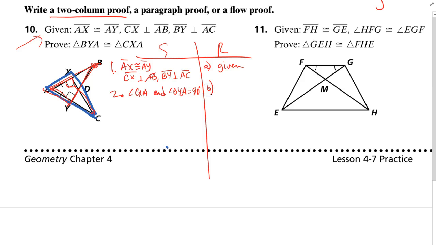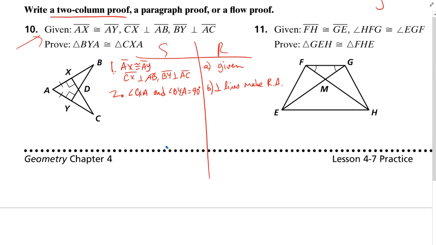Now, why can I say that? Because perpendicular lines make right angles. I'm going to do RA for right angles. That's sort of the definition of perpendicular lines, but this is a definition idea that we can use here. Now then, what do I have?